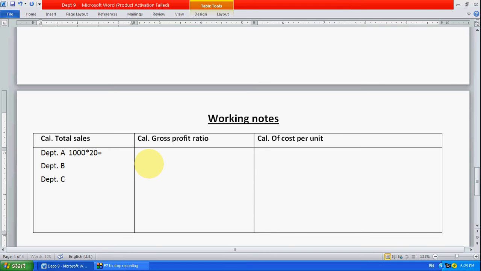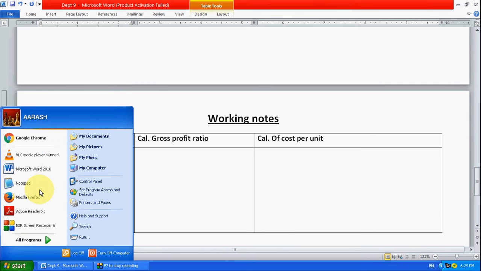Now go for department second: 2000 into 22.5 is equal to. Now go for department third: 2400 into 25 is equal to. Let's calculate this.